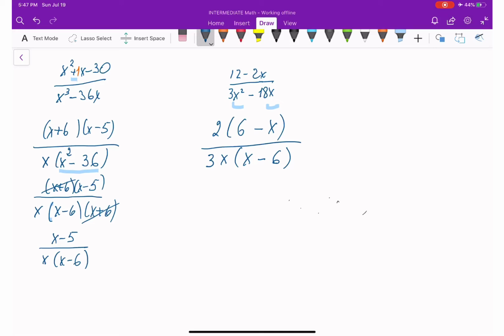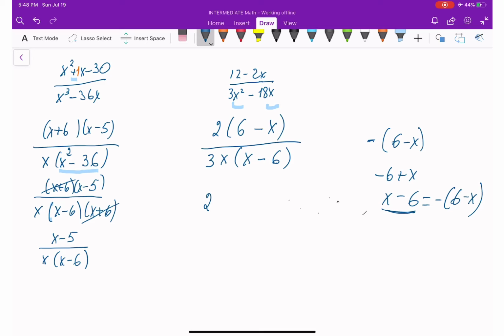So, let me show you something. If I have 6 minus x and I put a negative sign in front of it, will I get negative 6 plus x, or x minus 6? I can, right? So if I put negative in front and flip the terms, x minus 6 is equal to negative (6 minus x).